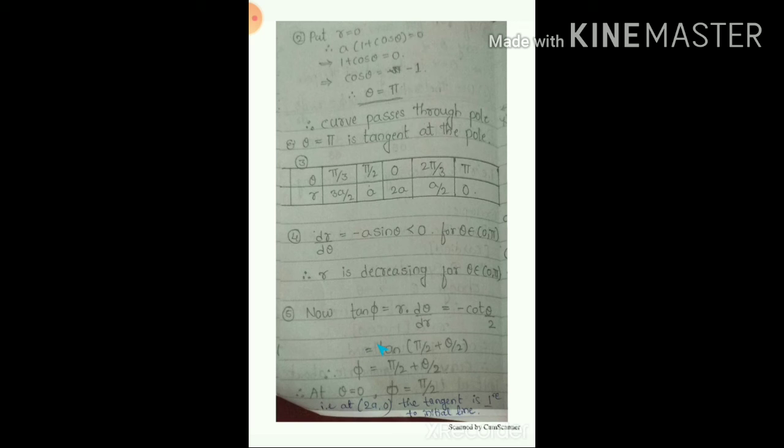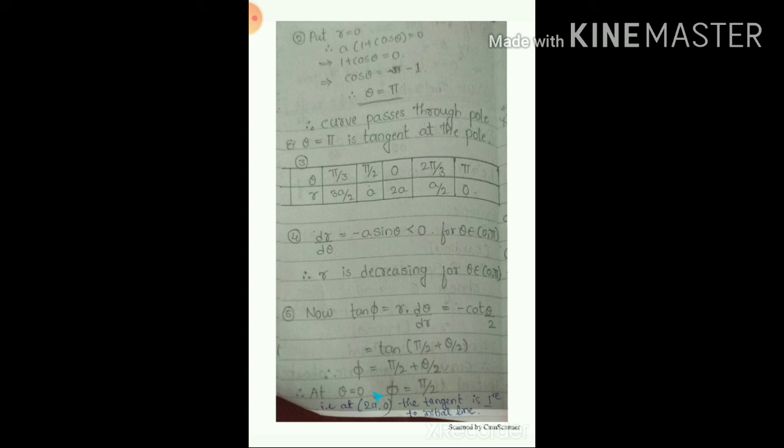Now, calculate tan phi. That formula is tan phi is equal to r d theta by dr. After putting in the r value and d theta by dr value, you will get minus cot theta by 2. Minus cot theta by 2 can be replaced by tan of (pi by 2 plus theta by 2).